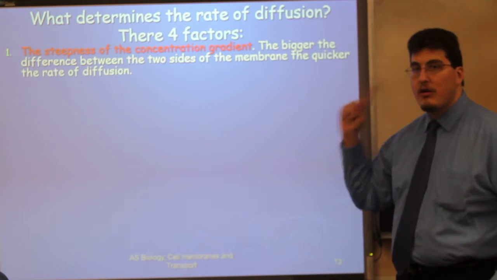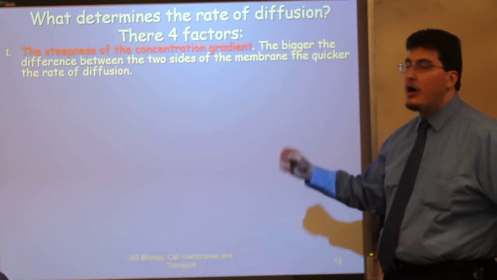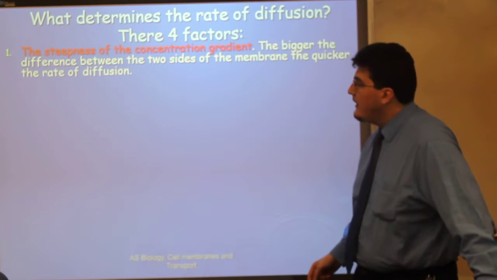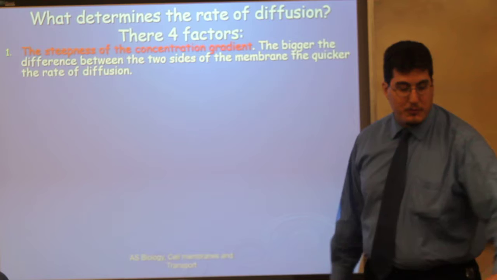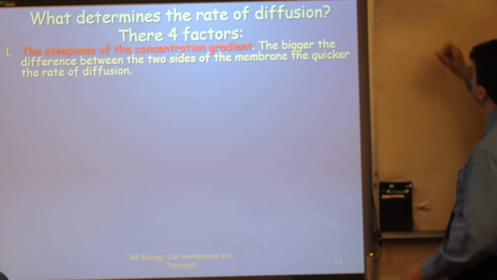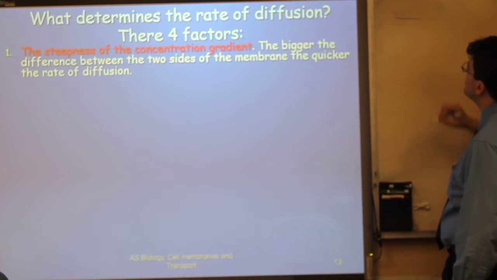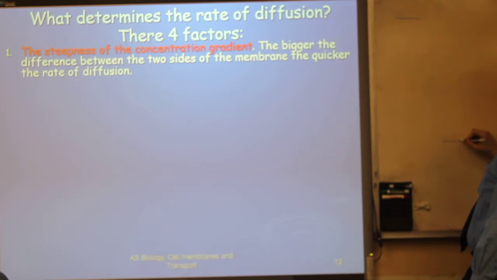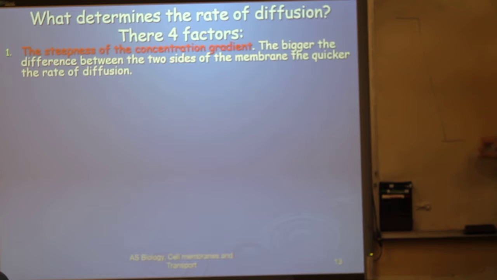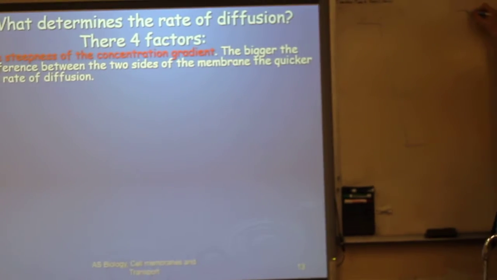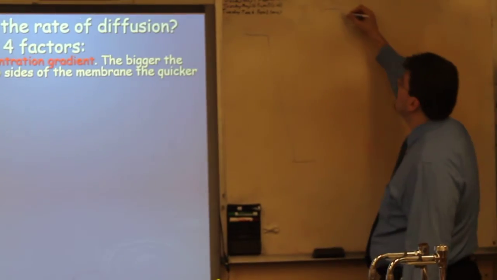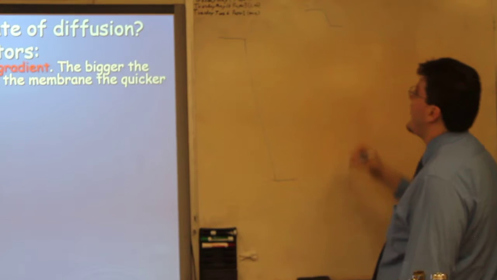How high is your high concentration, and how low is your low concentration? If you have a great difference between your two sides, a very high concentration and a very low concentration, you have a steep concentration gradient. If you have an even higher concentration, but then you only have a concentration that is low to there, that's all you got.